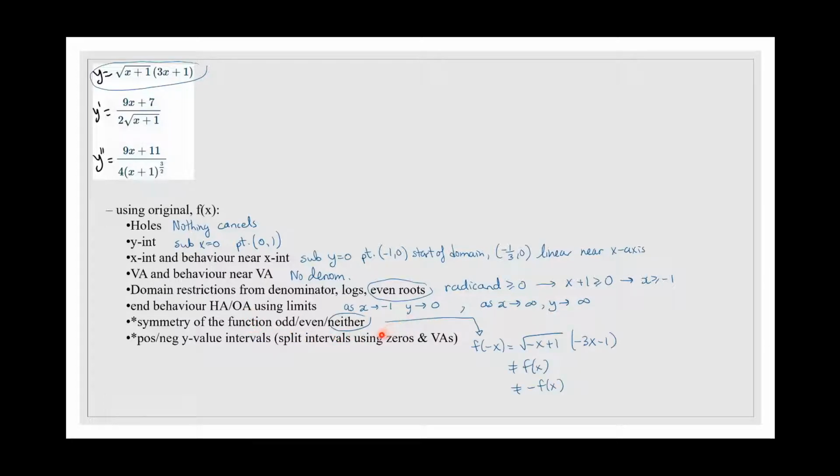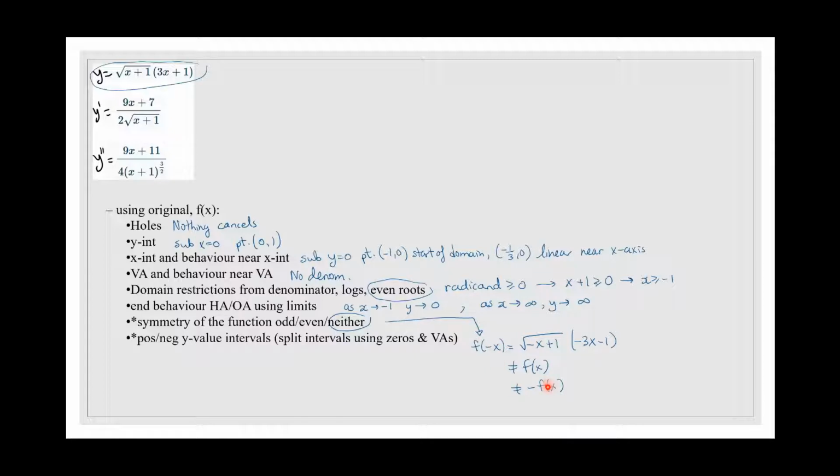Symmetry of the function. As we know, functions could be odd, even, or neither. So if you recall from before, if we put a negative on the input, meaning a reflection in the y-axis, and we get the same thing as a reflection in the x-axis, that would have been odd.